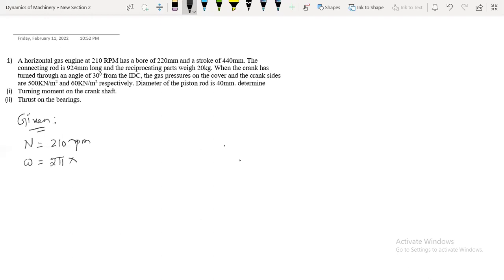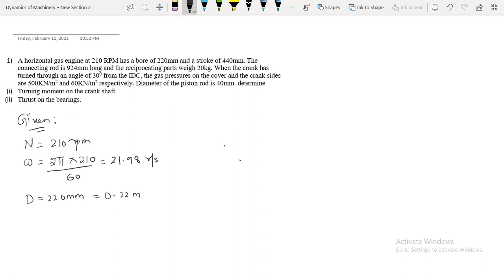That will be 2 pi into 210 by 60, which will be 21.98 radians per second. Then it has a bore of 220 mm, that is cylinder bore, that is cylinder diameter d is equals to 220 mm. It means if I write this in meters, this will be 0.22 meters.